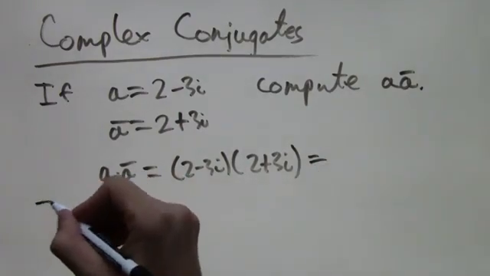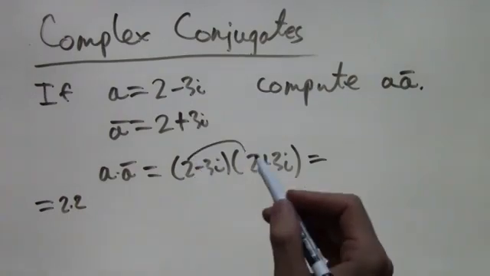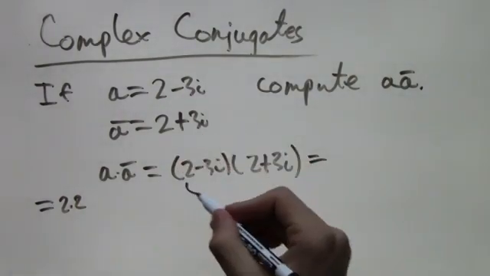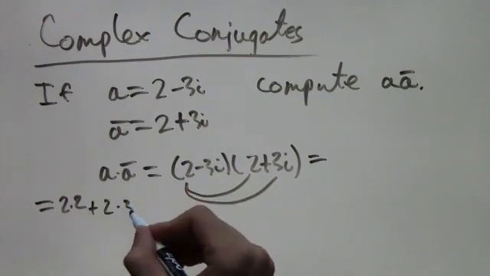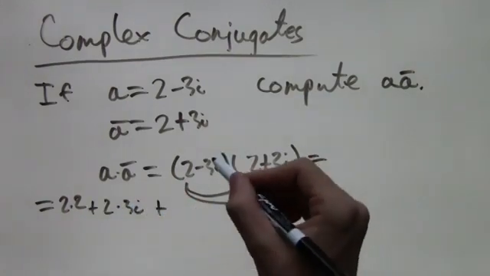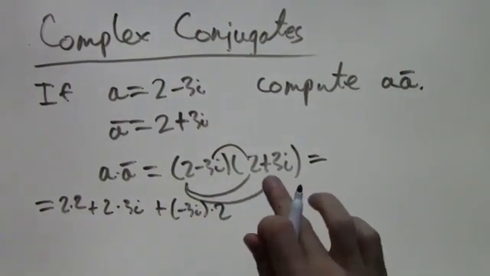So now we just FOIL it out, like in the video of multiplying complex numbers. So 2 times 2, 4, and then 2 times 3I is going to be 6I. Negative 3I times 2 is going to be negative 6I.